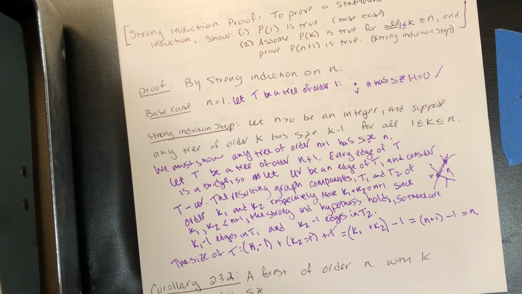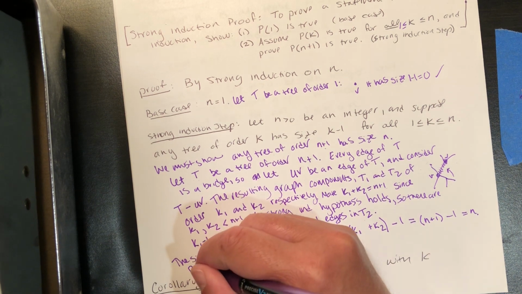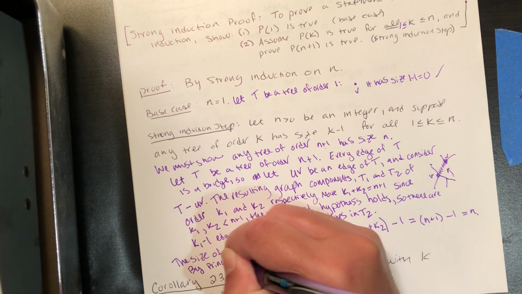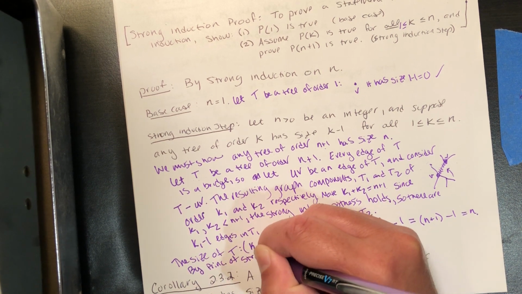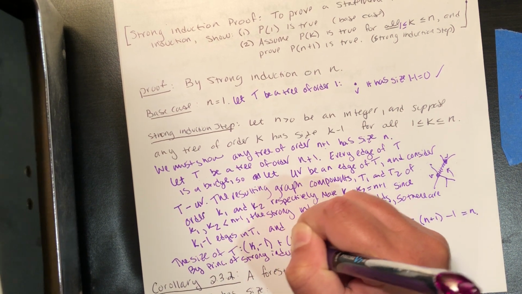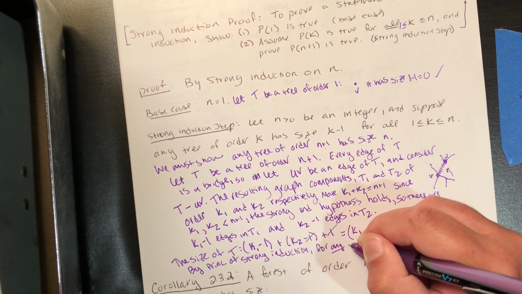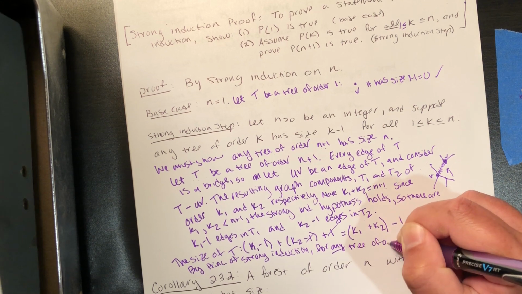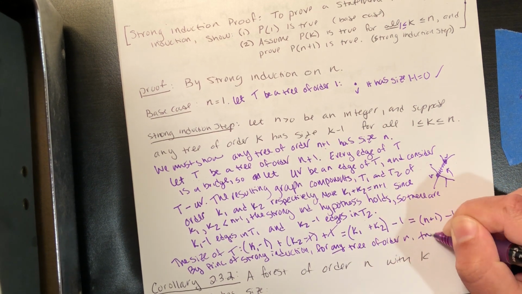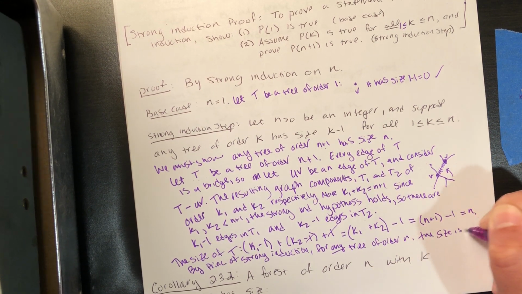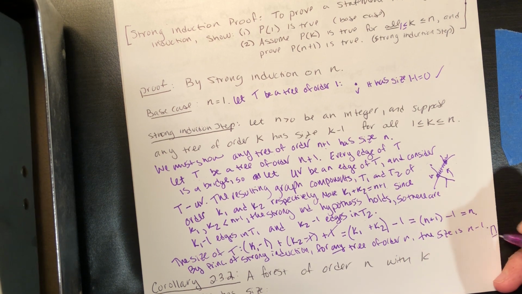So we've proven that in a tree of order n plus 1, the size of that tree would be n, which is what we were trying to prove. So this completes the induction step. And so now, by the principle of strong induction, we can conclude that for any tree of order n, the size is n minus 1.